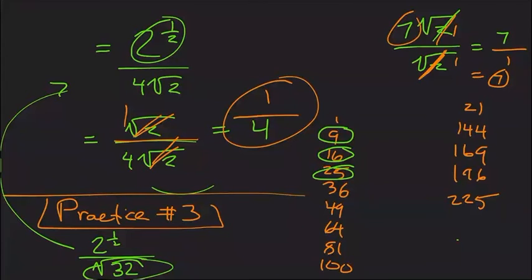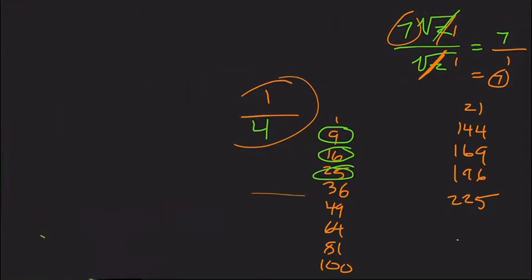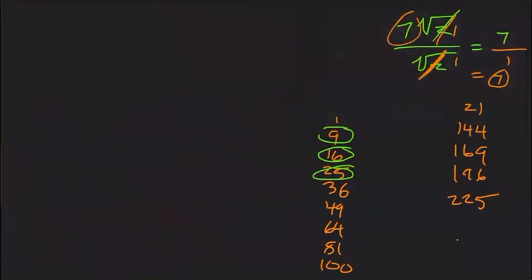Let's go ahead and try one more. Let's say we have square root of 75 over square root of 300.